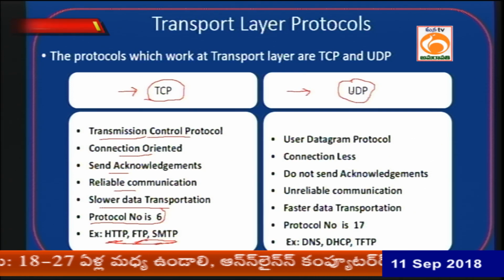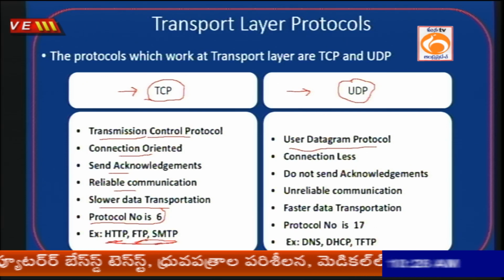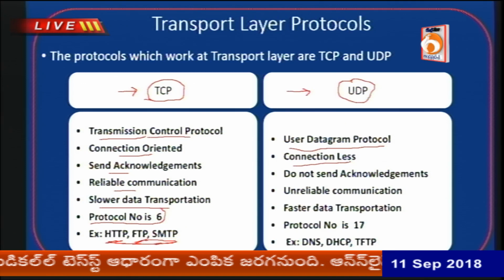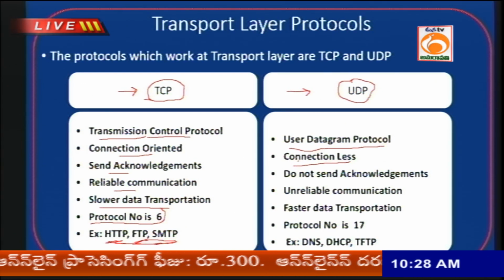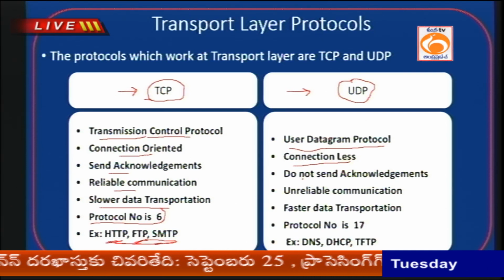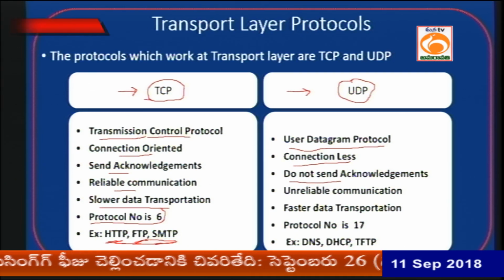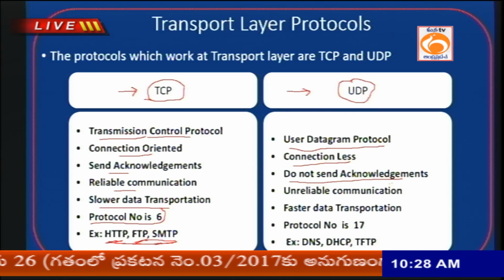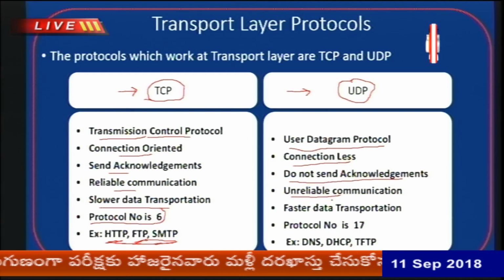And the UDP protocol stands for User Datagram Protocol, and it is connectionless. Connectionless in the sense that there is no communication between the source and the destination. Unlike TCP, there is no established connection. Whenever you use UDP applications, the data is sent and there is no acknowledgement for the data sent, and hence it is considered unreliable.